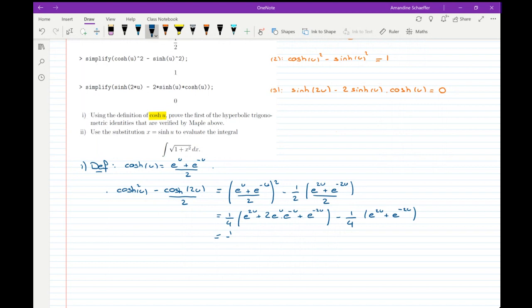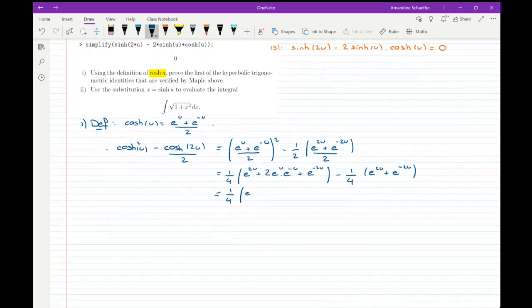So we can factorize everything, and we get exponential 2u. Now this one here, exponential u times exponential minus u is just 1, because it's like exponential u divided by exponential u, which gives you 1, and 1 times 2 gives me 2.